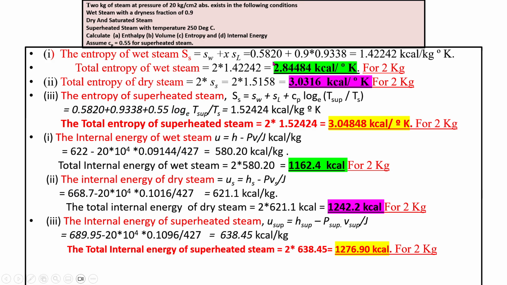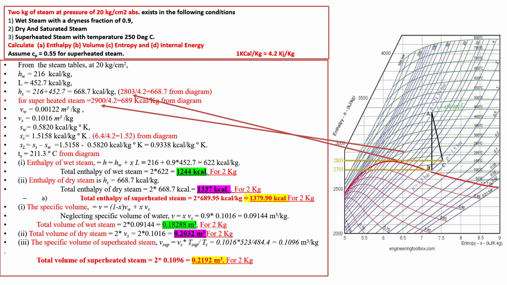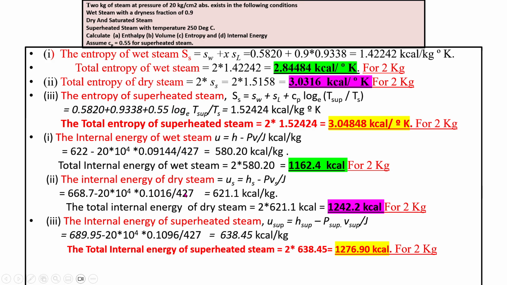SL is 1.5158. SL is equal to 0.9338. So entropy is SW plus 0.9 into SL. So this will be the wet steam.